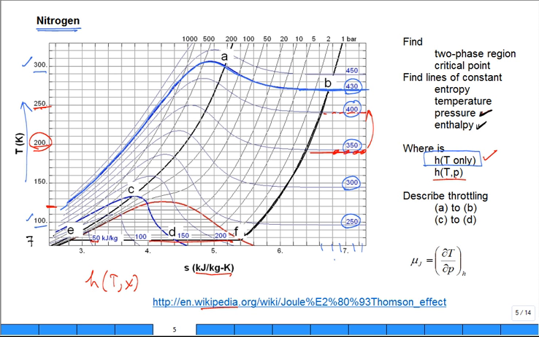All right. Now let's consider a throttling process, where you're going from, let's say, 200 bar to 1 bar. That's a throttling process, going from high pressure to low pressure. Let's start with state A. So it's at 200 bar, and it's around 300 Kelvin, true?